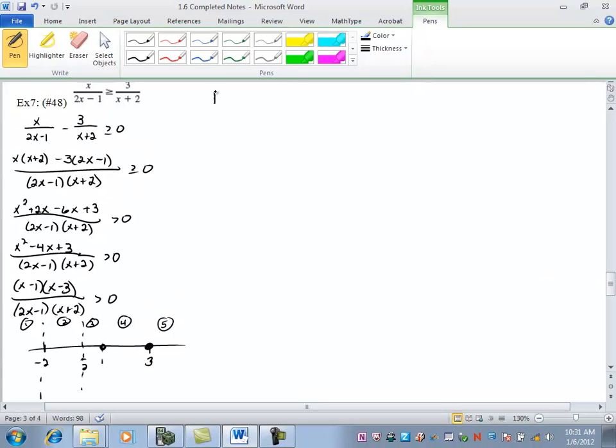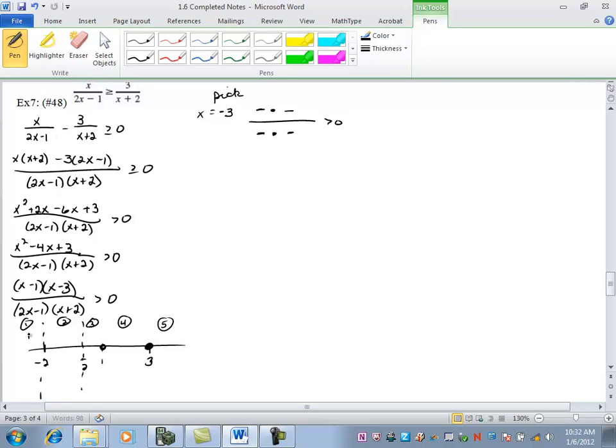And so let's pick x equal negative 3. And again, I'm going to just plug them in right here, folks. This is going to be a negative times a negative over 2 times negative 3 is negative minus 1, negative. Negative 3 plus 2 is negative.